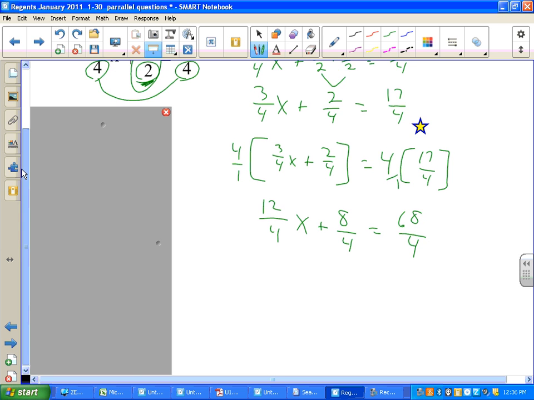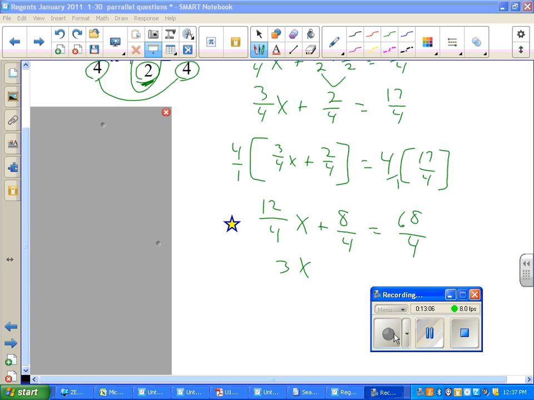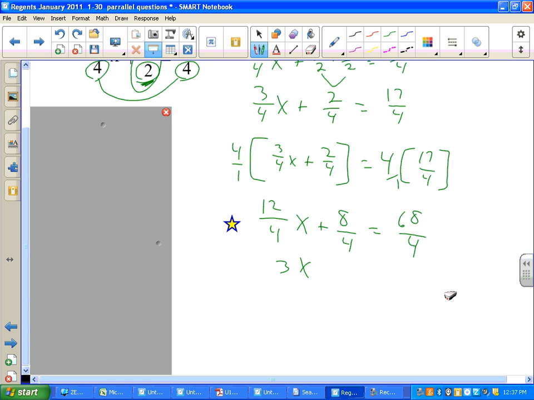Now, can you simplify these fractions? Of course you can. 12/4, and this isn't a trick, 12/4 is 3. 12 divided by 4 is 3x. 8 divided by 4 is 2. 68 divided by 4 is 17.